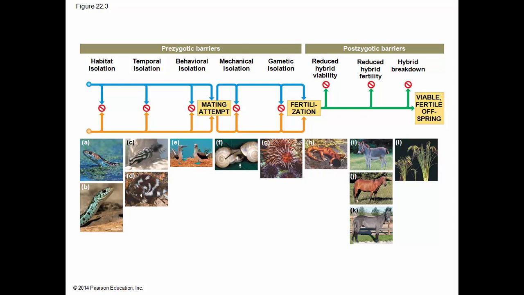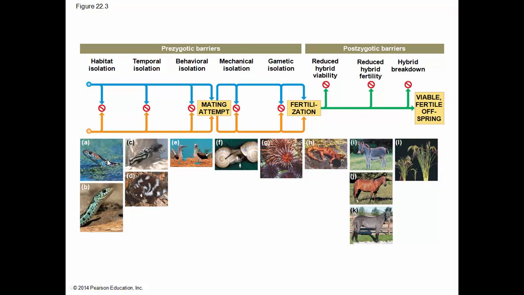So here we have different examples of habitat isolation. This is a garter snake, Thamnophis species, which occurs in Canada, and one occurs in upland regions, and the other one occurs in wet marshy habitats.